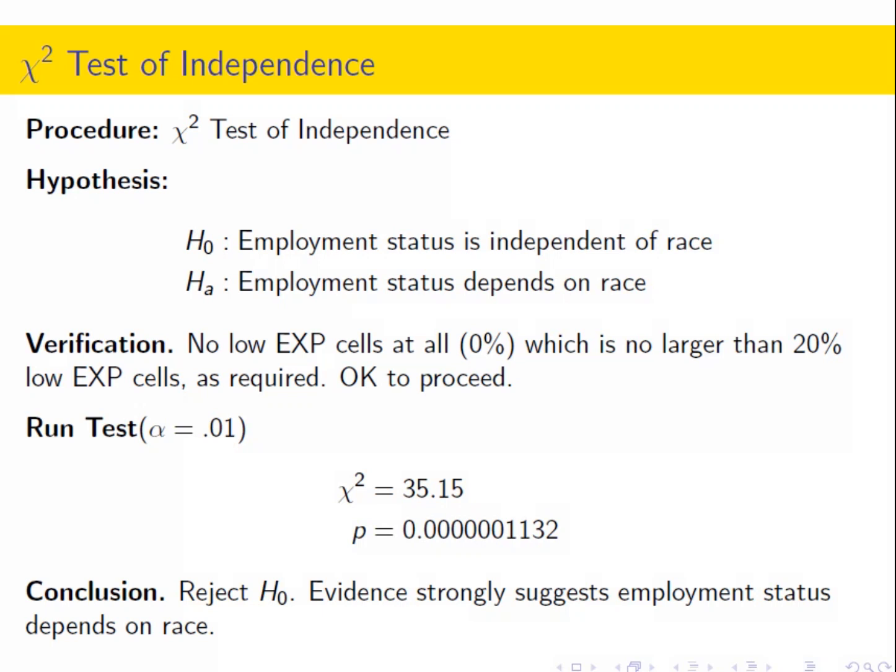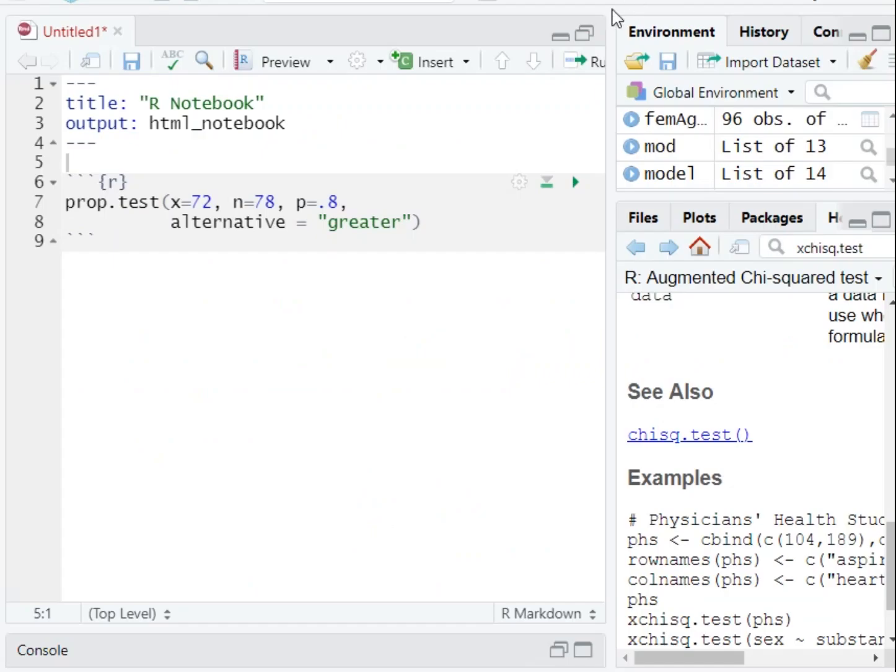Okay, so the dynamic notes are great to look at. The proportion tests are really easy to run. For example, with the chess cheats, you just type prop.test, and you tell it the number of successes, the total number of trials, the probability, that's your p sub 0 value, and then you have a place for your alternative hypothesis.